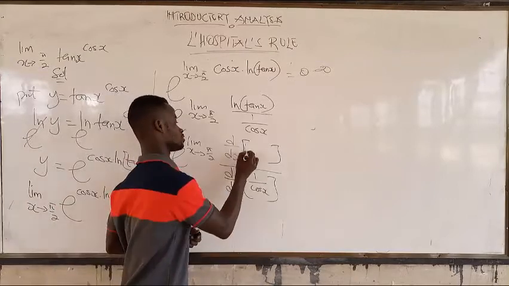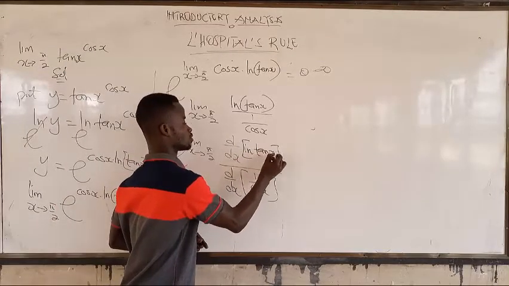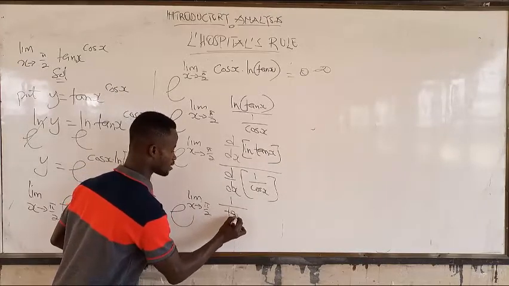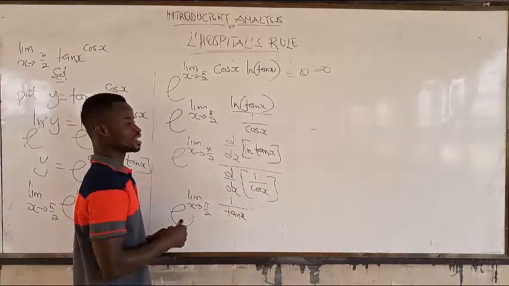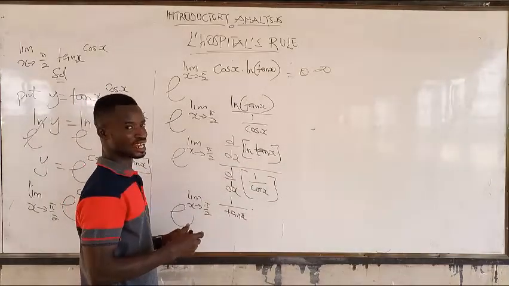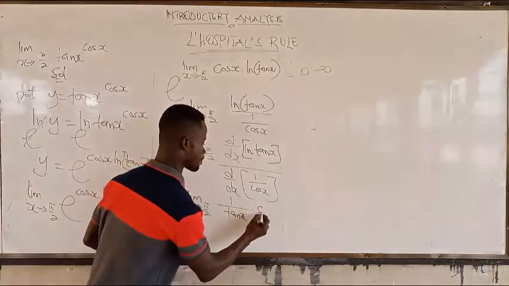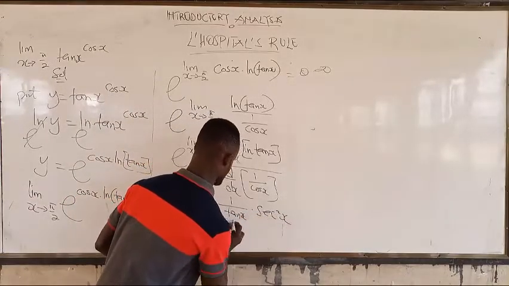Now the derivative of ln tan x is 1 over tan x, then the derivative of the inside, which is tan x. When you differentiate tan x, you get what? Sec square x.